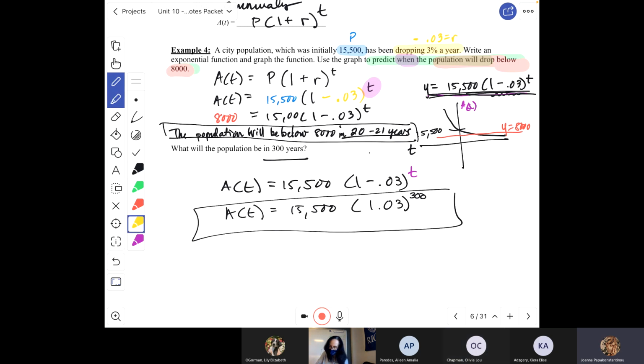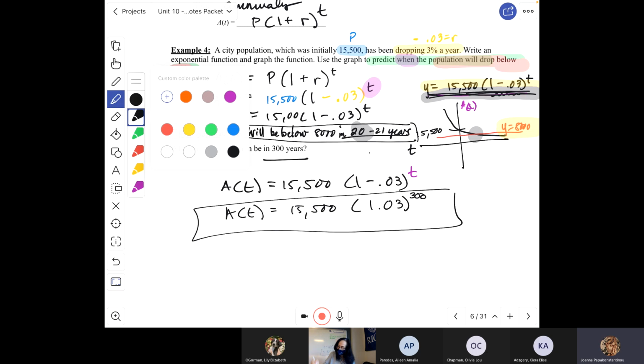You're putting this equation in the calculator, then you calculate the intersection. That intersection is going to be at 20 when the input is 20. Or you could put this in the calculator and look at the table of values and find when the output is 8,000. That will be when t equals 22.